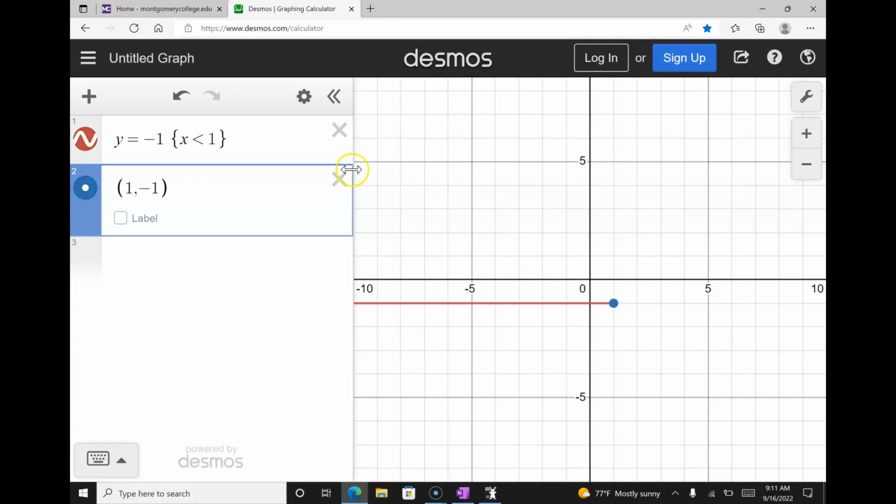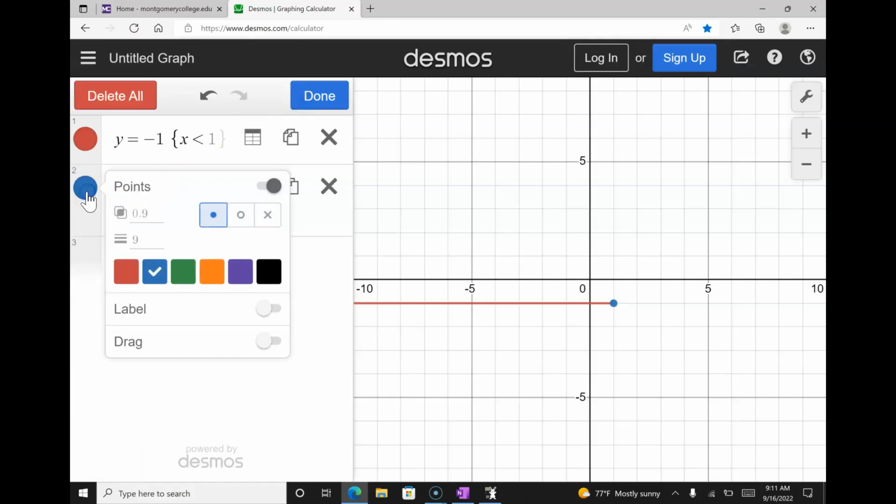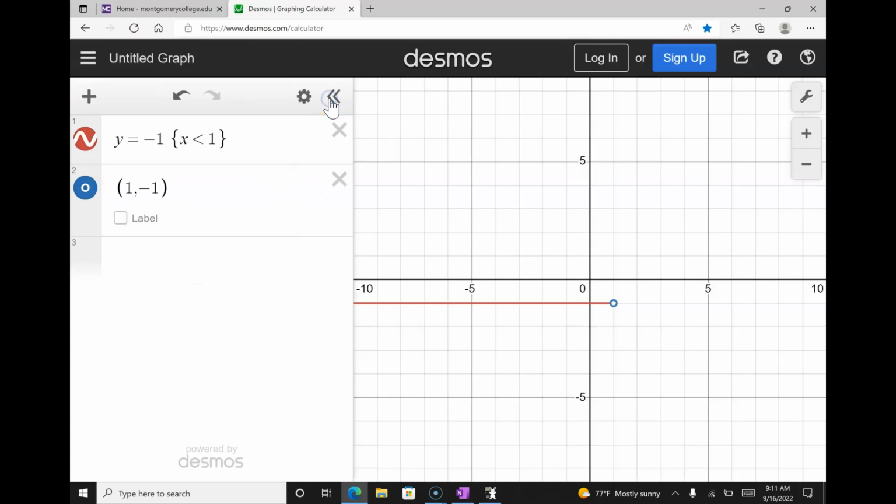And I can do that on Desmos with this little kind of a gearbox. Click on the point and then make it an empty point. I don't have to do that. I'm just kind of showing you the tricks that are there, right? My middle function is y equals ax plus b.